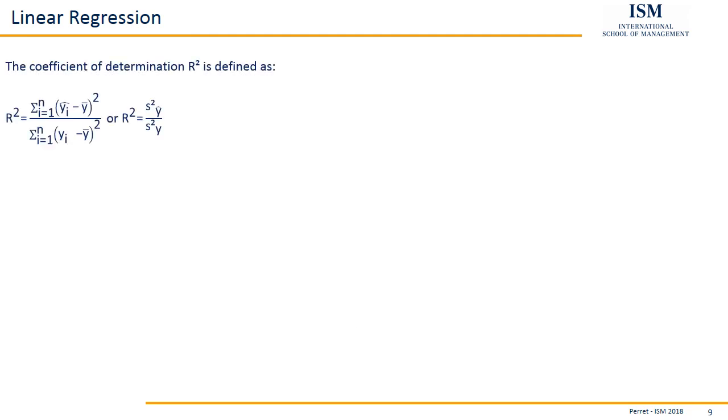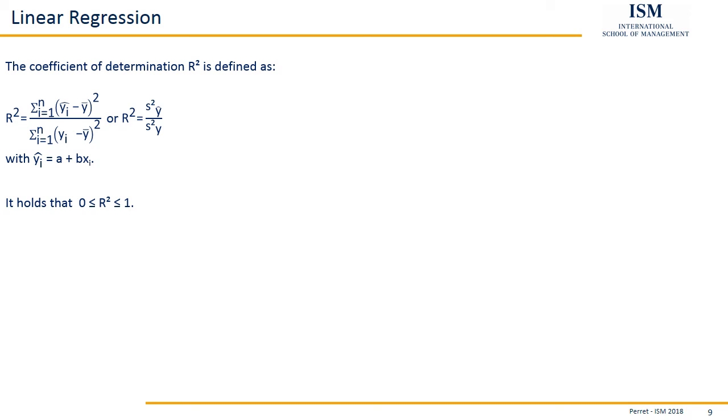Again, we have this here in a different, nicer version. And we can also say this is nothing else than basically the variance of the estimated y divided by the variance of y. Okay, what do we know about this R squared?